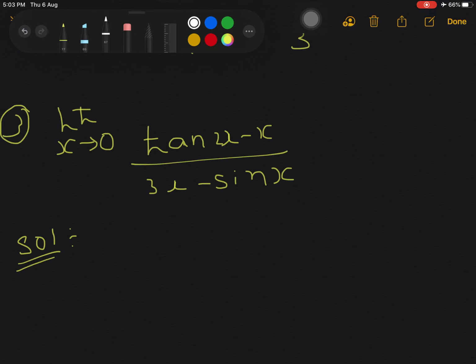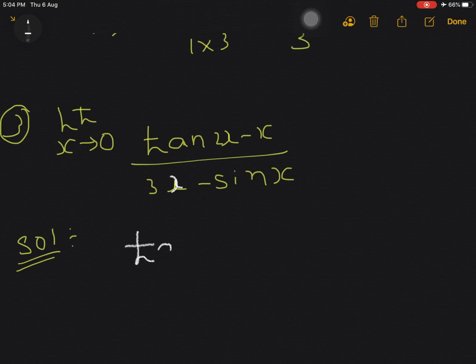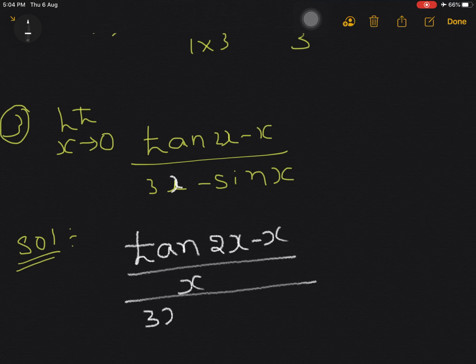First, here also we have to bring it into the form of tan x by x or sin x by x. So first divide numerator and denominator by x: tan of 2x minus x divided by x, by 3x minus sin x divided by x.